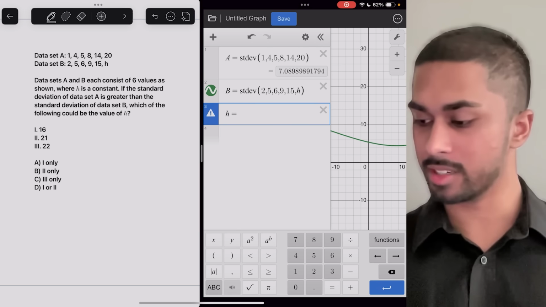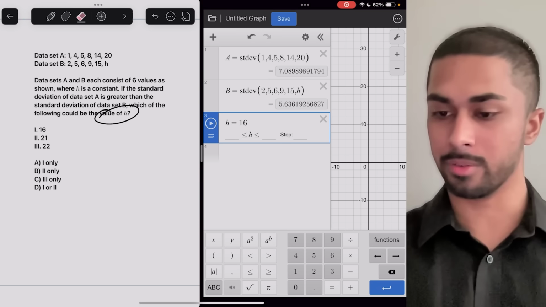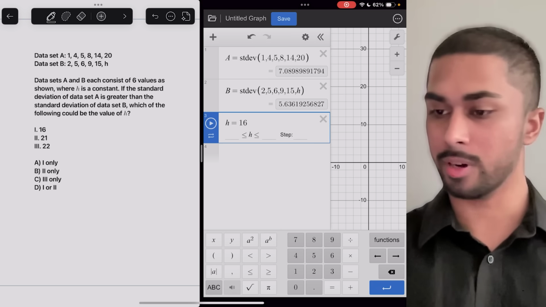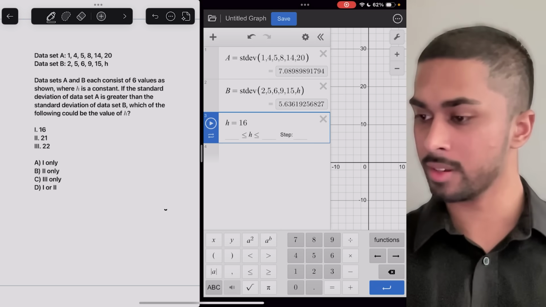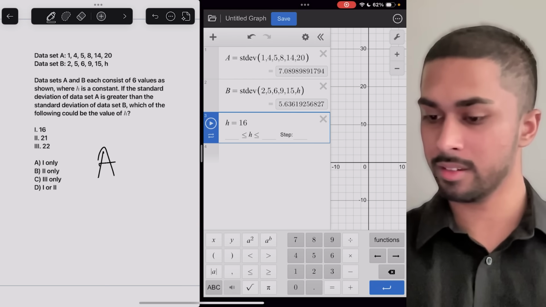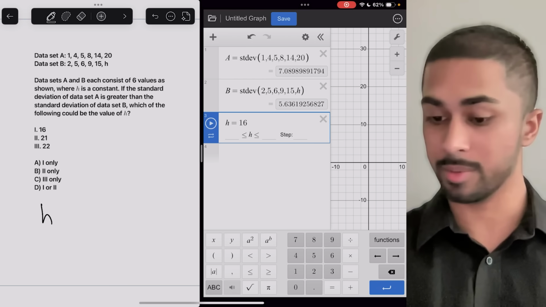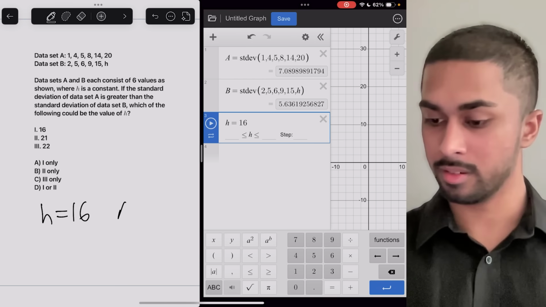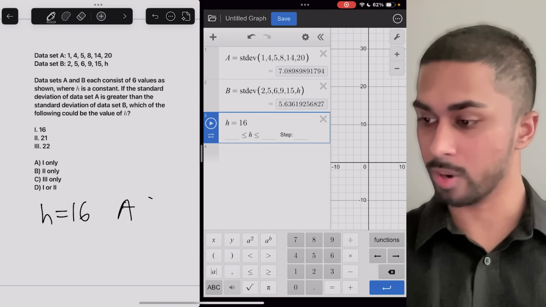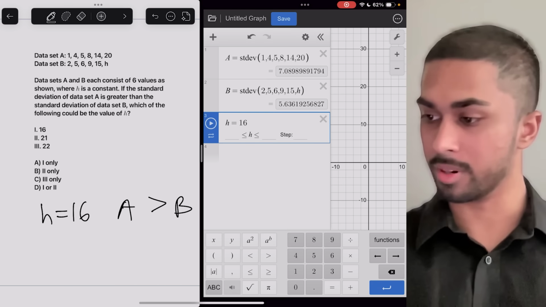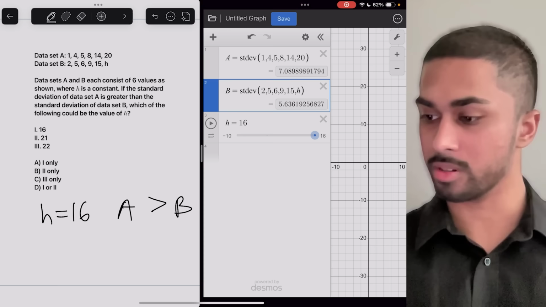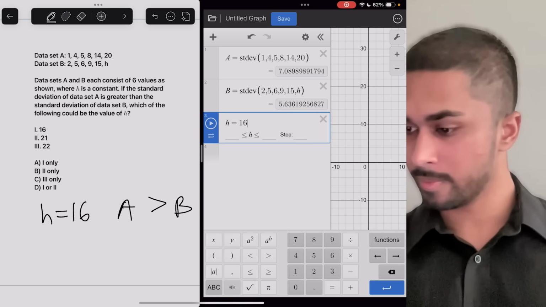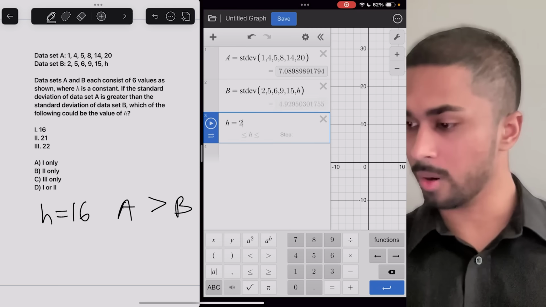Now, when h is 16, because it says which of the following could be the value of h. When h is 16, data set A, again, let's keep this real organized. Data set A is greater than data set B because 7 is greater than 5.63. How about 21? Well, these are the exact same.